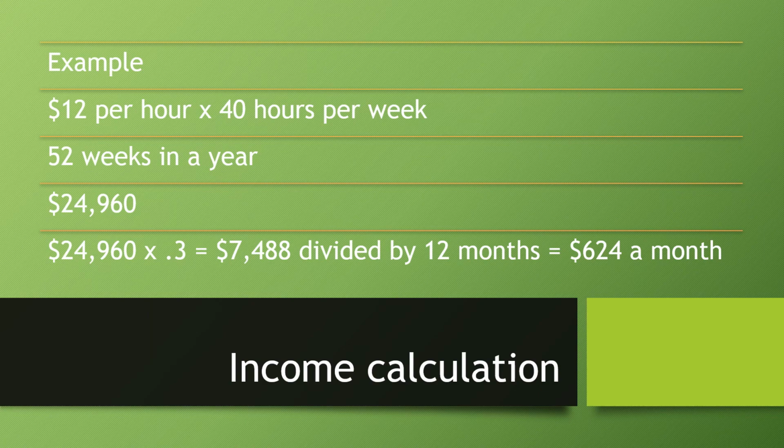The $24,960 multiplied by 30%, or 0.3, equals $7,488. You divide that by the 12 months, and it equals $624 a month. That would be the amount that is affordable for that household for rent, and would be the amount that that household would pay towards rent.